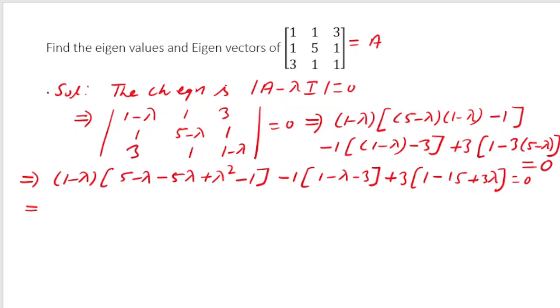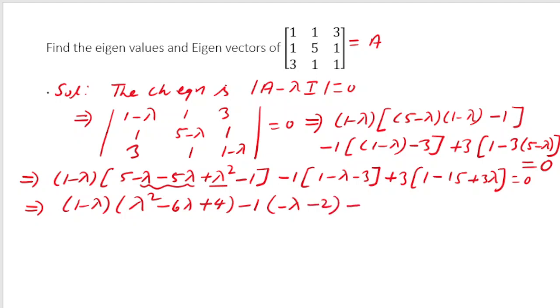So let us do it further. 1 minus lambda, and here it is lambda square minus 6 lambda, and 5 minus 1 is equal to 4. Here I get minus 1, minus lambda, and 1 minus 3 is minus 2, and here I get 3 minus 15 plus 3 lambda is equal to 0.